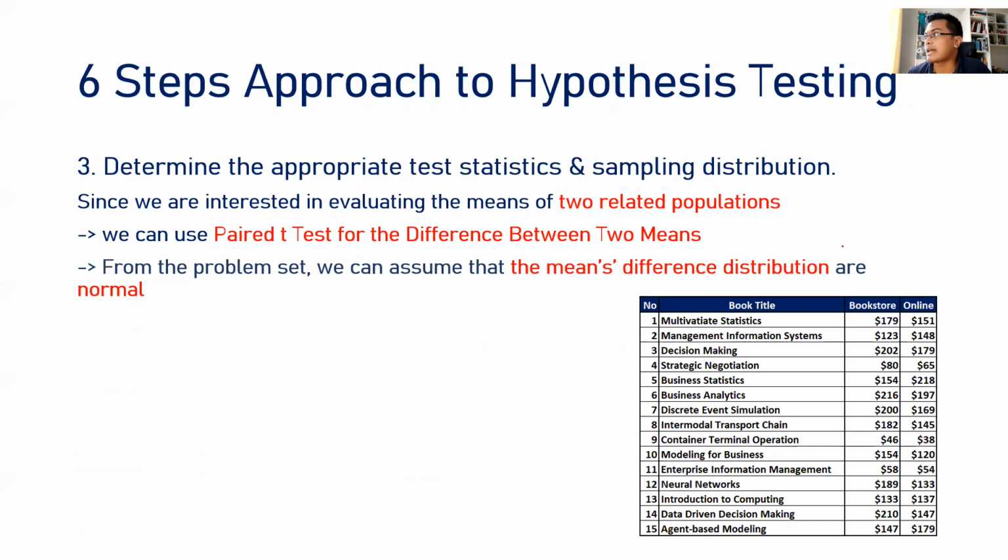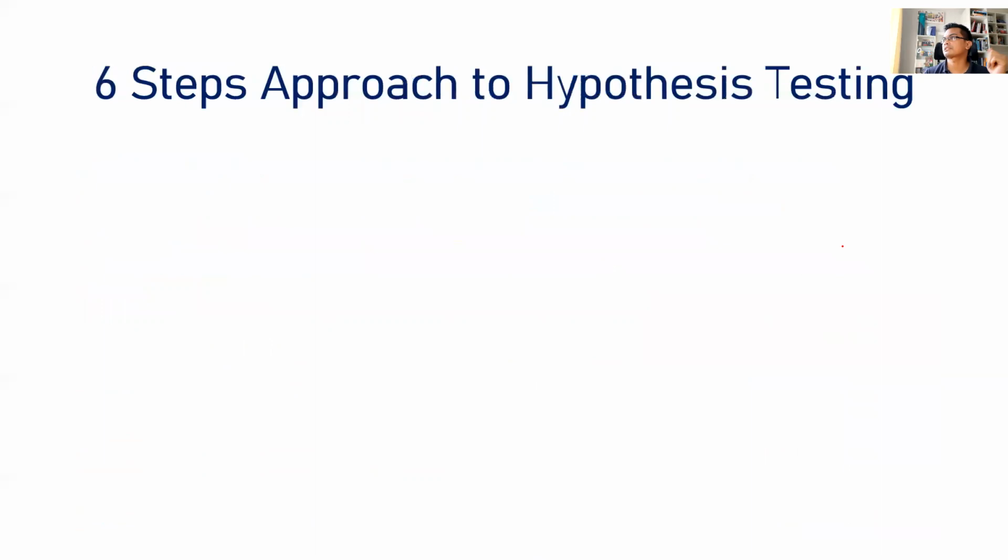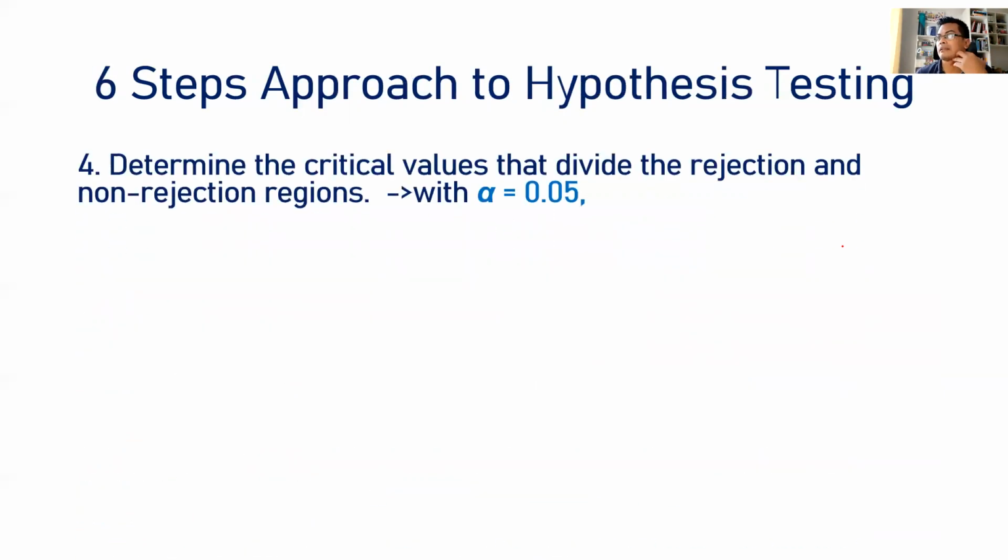Okay, now we go to the fourth step, which is determining the critical value that will divide the region of non-rejection and rejection. We understand that alpha is 0.05.